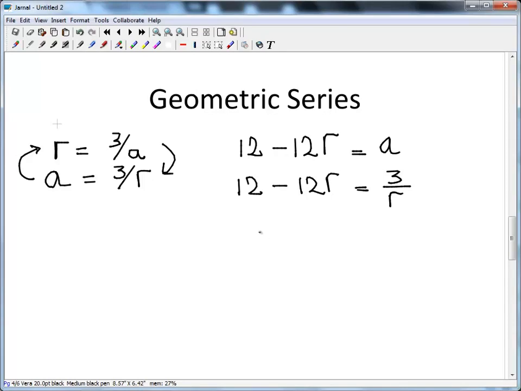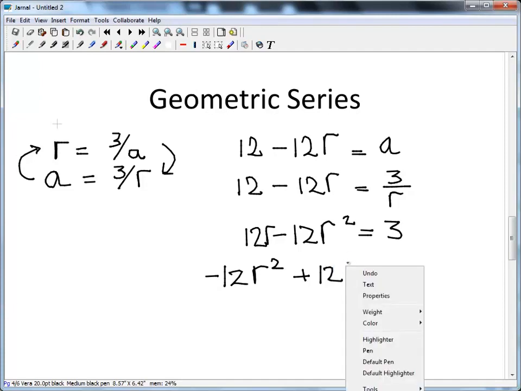Let's multiply both sides by r. So we have 12r minus 12r squared equal to 3. Let's rewrite that as minus 12r squared plus 12r minus 3 equal to 0.